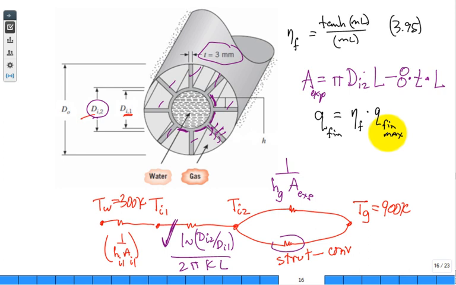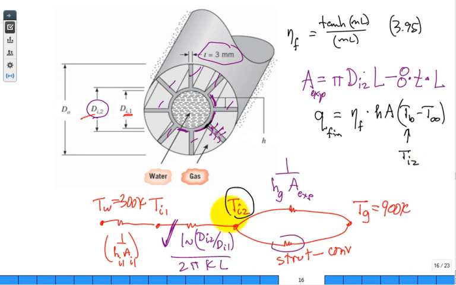And so this maximum would be the convection coefficient, my area, times theta base, or the temperature at the base minus the temperature of the fluid, the gas temperature. The temperature at the base is my temperature at Di2.